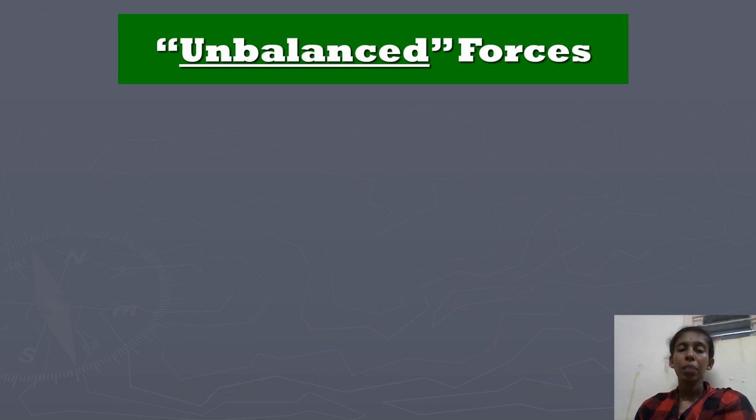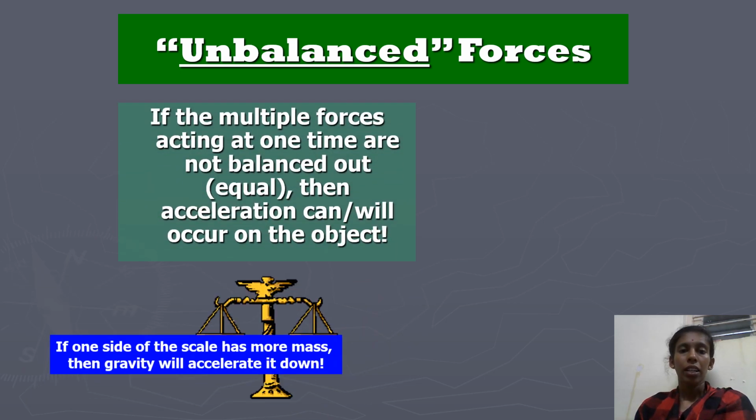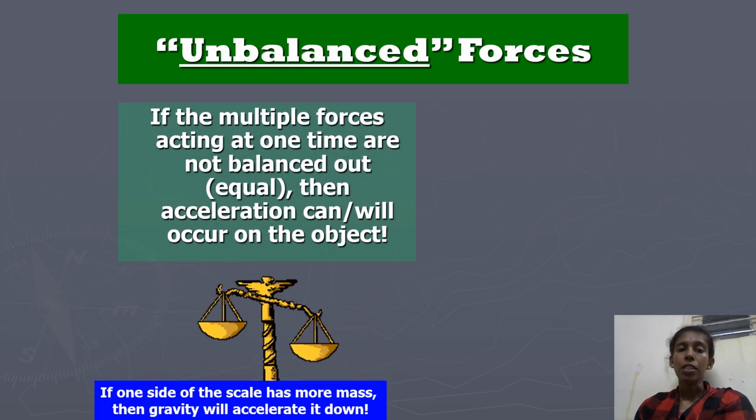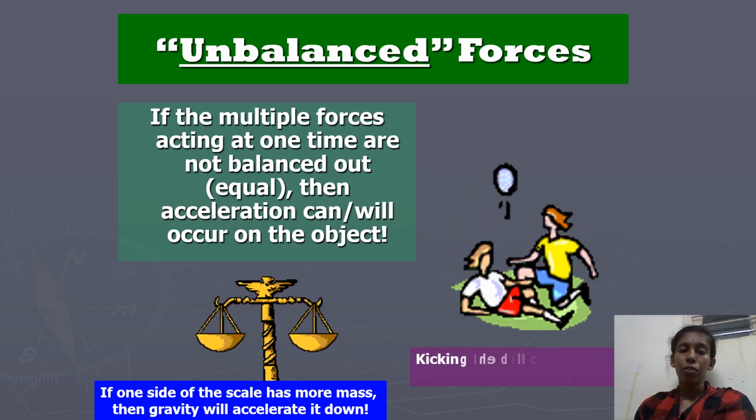The second type of force is unbalanced forces. If the multiple forces acting at one time are not balanced out, then acceleration can or will occur on an object. So observe the two pictures.